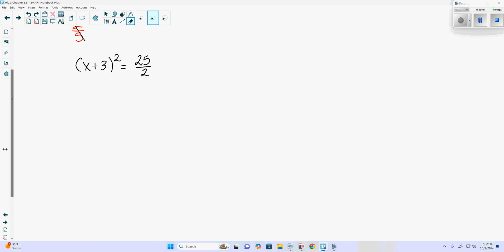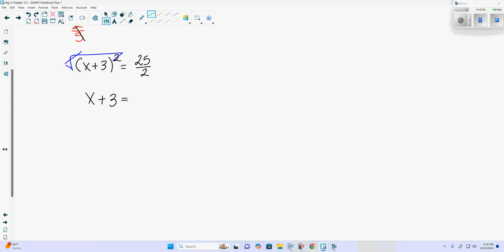So if I applied the second step to it, if we took the square root of x plus 3 squared, well, the square root and squared would cancel out, leaving us with x plus 3. So even though we do have x plus 3, because it's entirely in that set of parentheses being squared, we can square root it and get rid of that power.